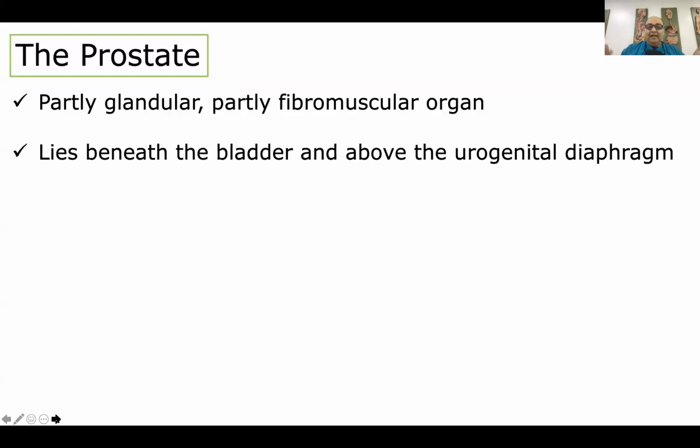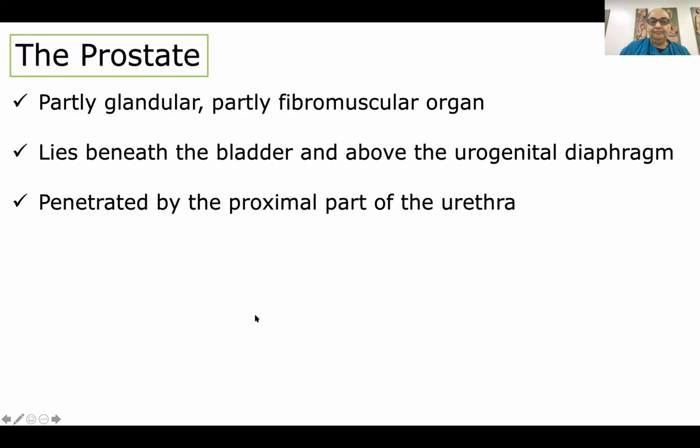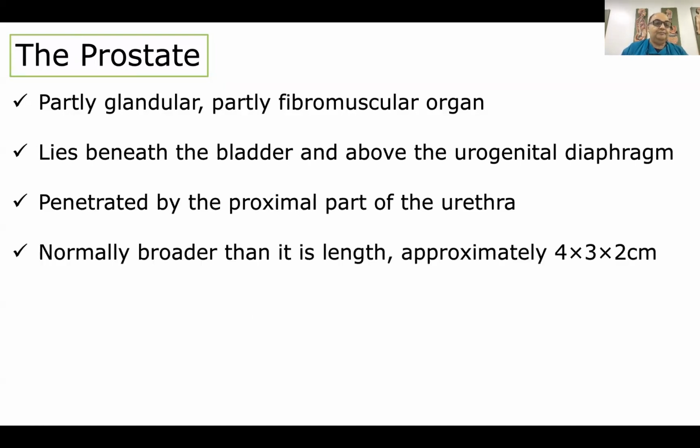It lies beneath the bladder, we know about it, above the urogenital diaphragm. It is penetrated by the proximal urethra, we have seen it. Normally, it looks like a walnut. Height is less, width is more. If you are in doubt, get a walnut, not a broken one, a complete one, and just try to see it. These are approximate measurements in centimeters, not in inches.